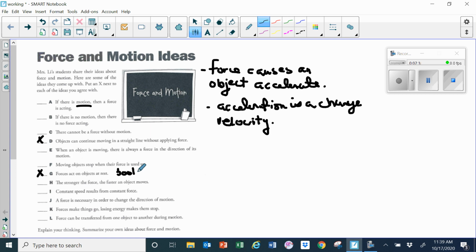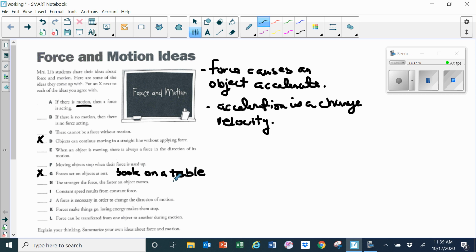Forces do act on objects at rest. For example, the book on the table is acted on by a gravitational force. And that gravitational force holds the book on the table. The table is at rest, but there is a force acting on it.